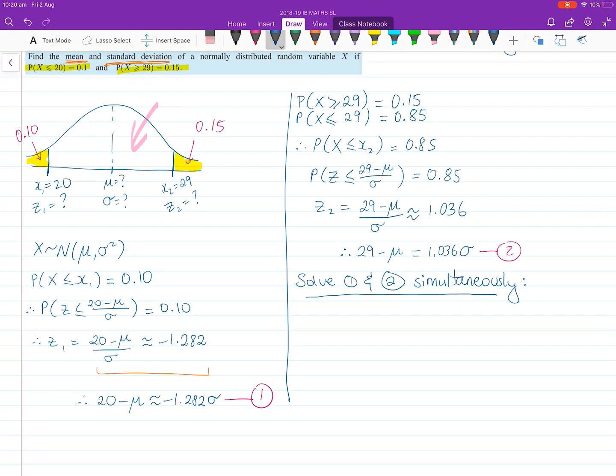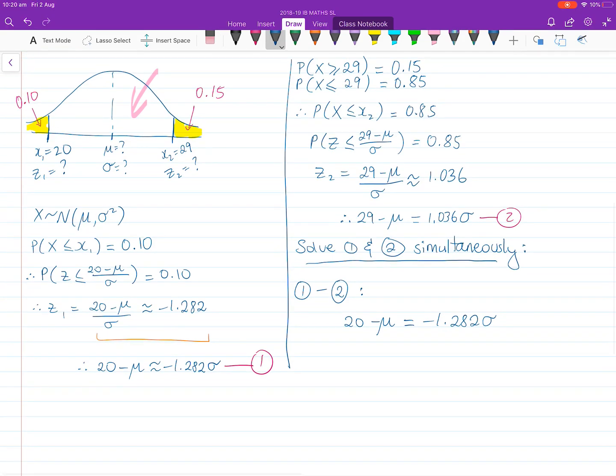So I'm going to do equation 1 minus equation 2. So that's going to be 20 minus mu equals negative 1.282 sigma. I might make this an equal sign so it's less confusing for you.